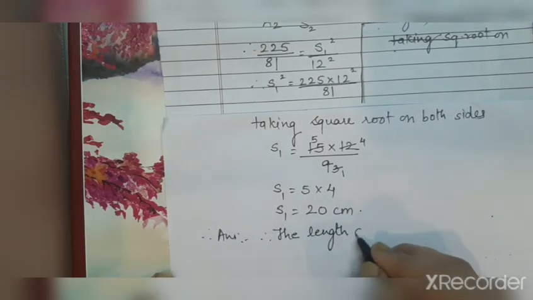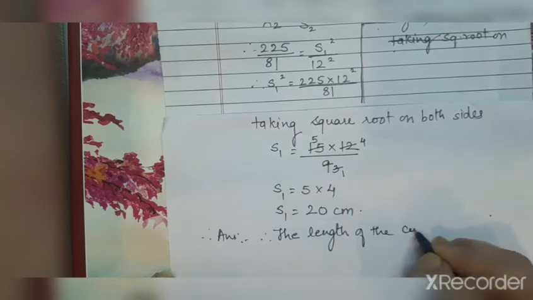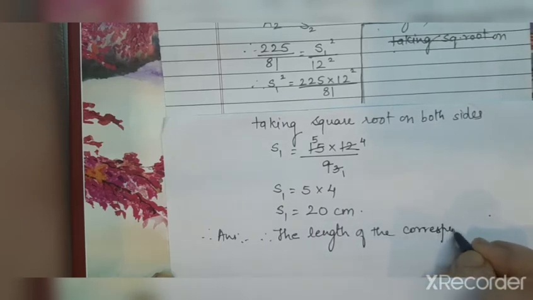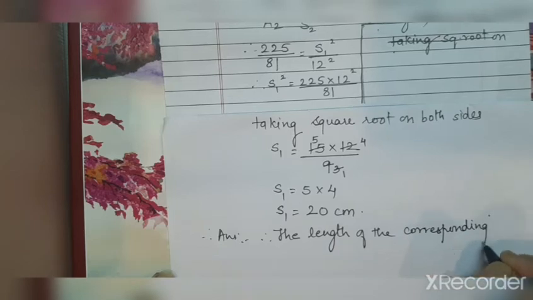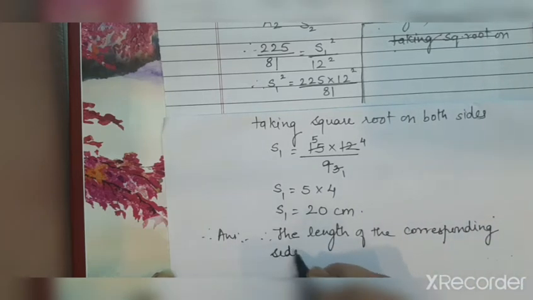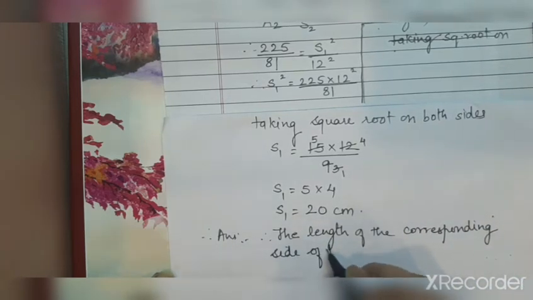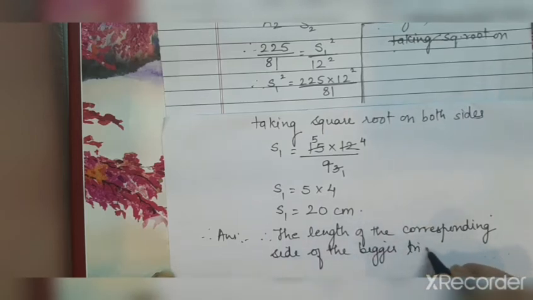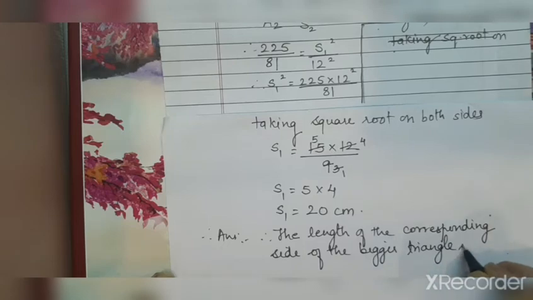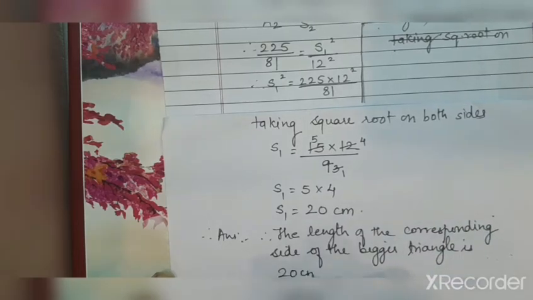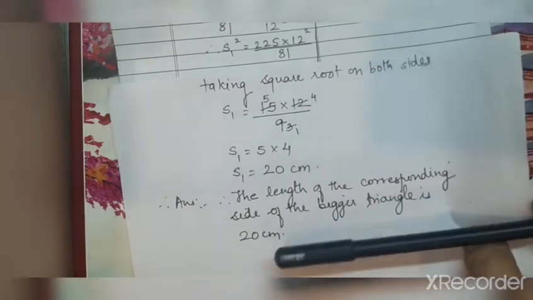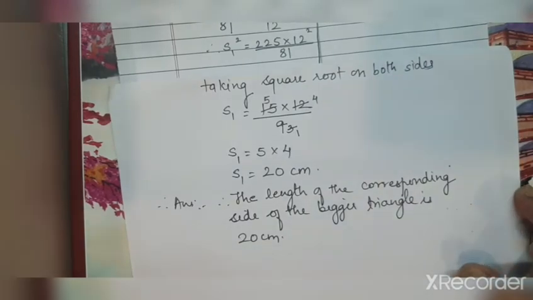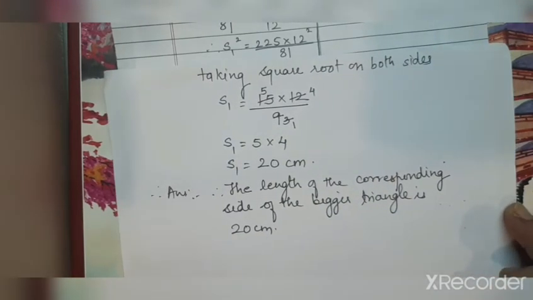Therefore our answer will be the length of the corresponding side of the bigger triangle is 20 centimeter. Okay. See that you make a statement and you end the answer.